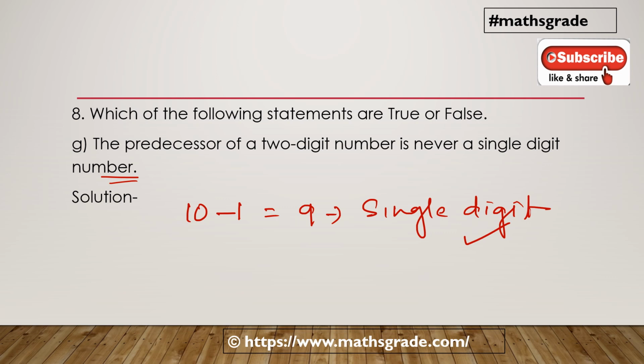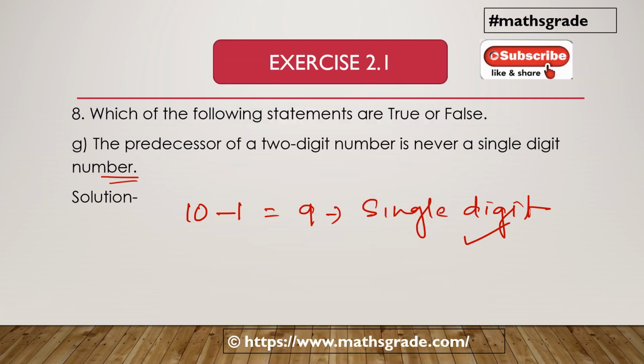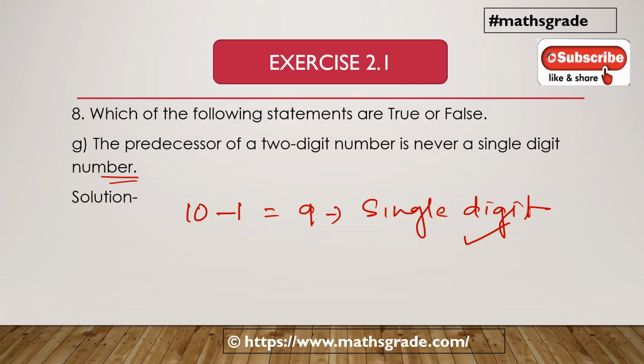Predecessor is the before number or the previous number, and the predecessor of a 2-digit number, that is 10, is never a single digit number. This is false.